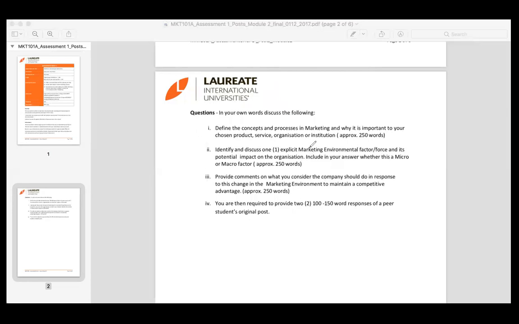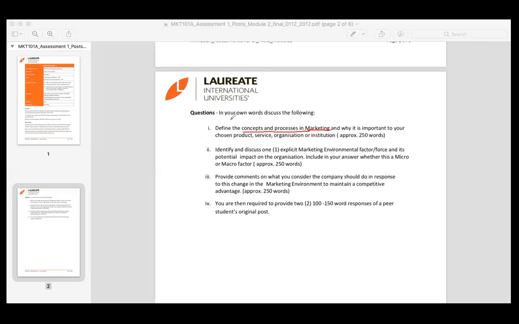Now let's look at the questions of assessment one. The first thing that we need to do is to define concepts and processes in marketing. That's one that we are going to discuss today as well. Remember, we discussed a couple of days ago analyzing, slicing, and dicing the question or task, so we can respond to it correctly.